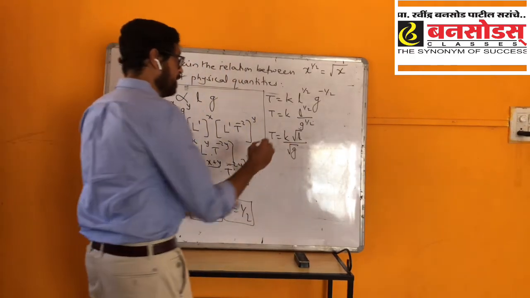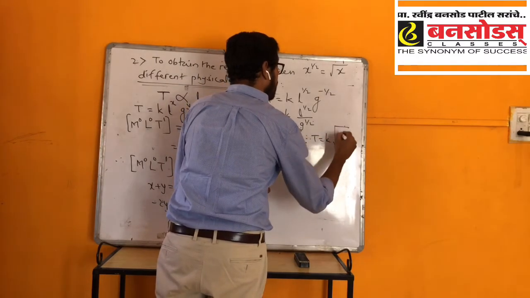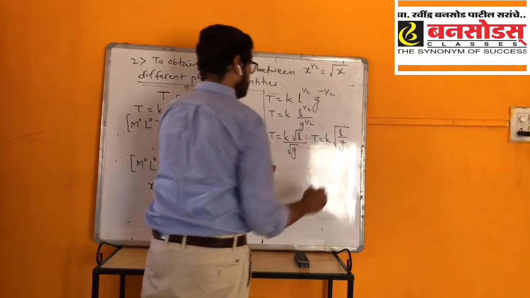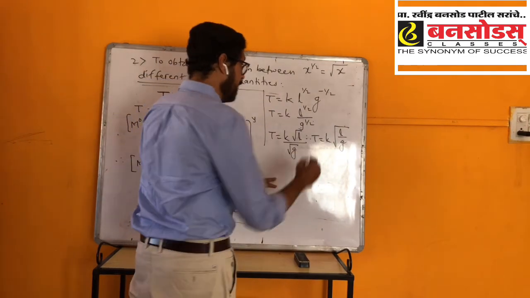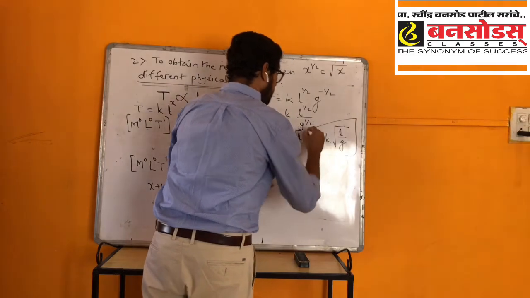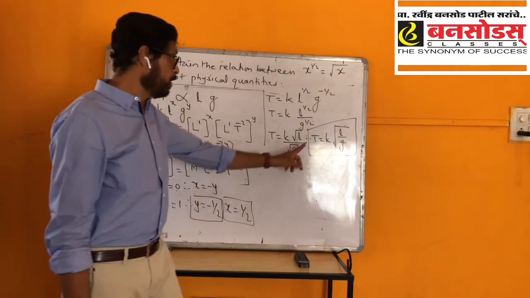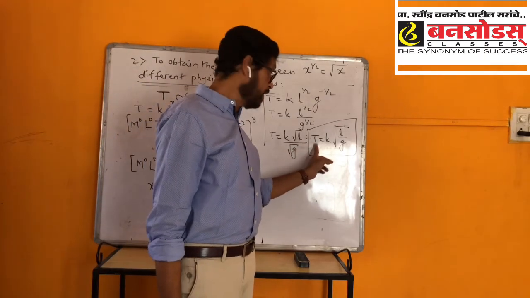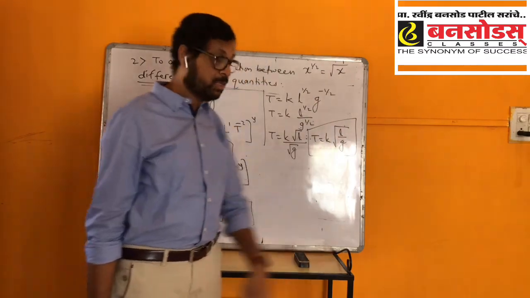So we can say that t is equal to k under root L by g. Root of L upon root of g means under root L by g. So you got the relation t is equal to k under root L by g. So periodic time of a simple pendulum is t is equal to k into under root L by g. देख लो एक बार.